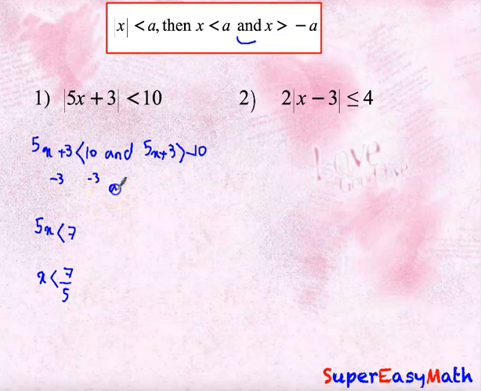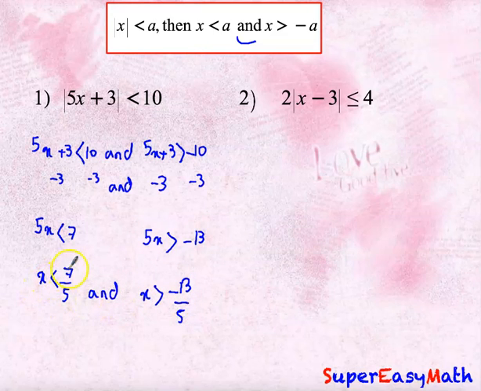And here we have the same, so subtract 3. We will get 5x greater than minus 13. Divide by 5, so x greater than minus 13 over 5. So x smaller than 7 over 5 and greater than minus 13 over 5. We can write it as x belongs to minus 13 over 5, 7 over 5.